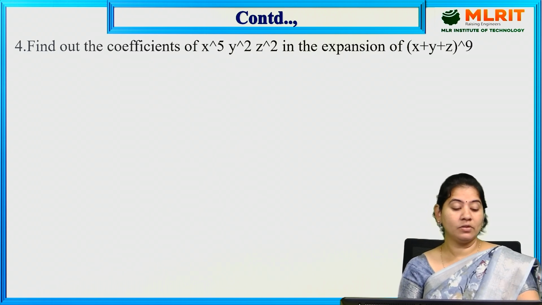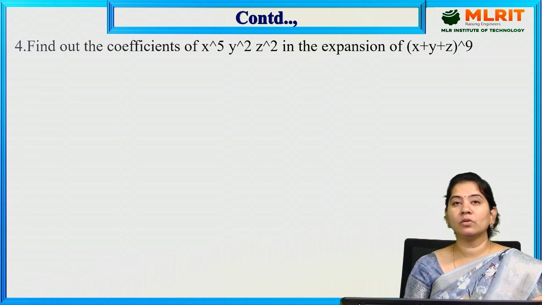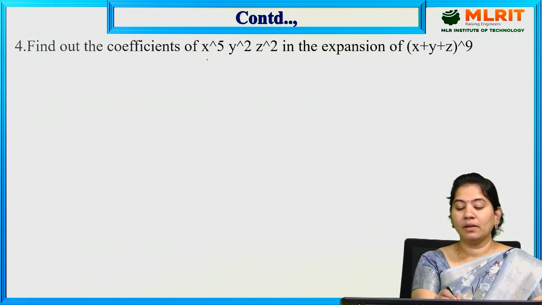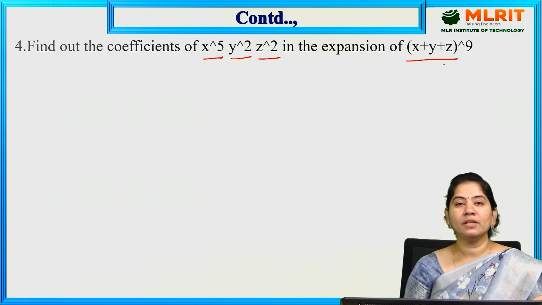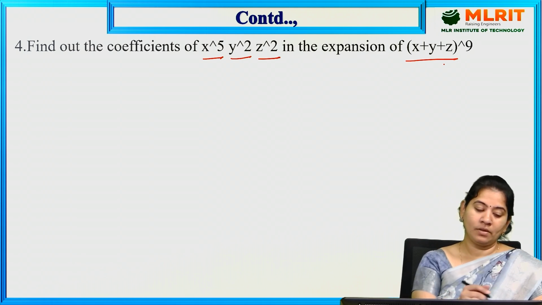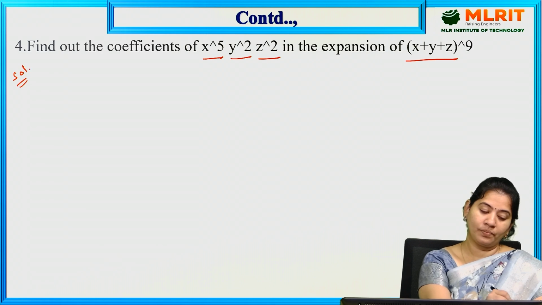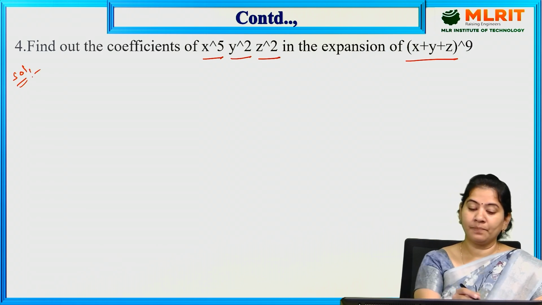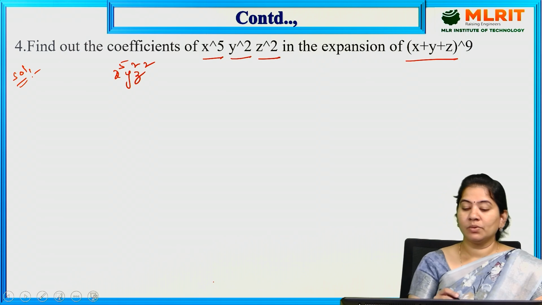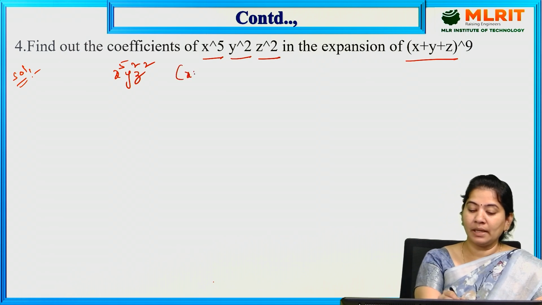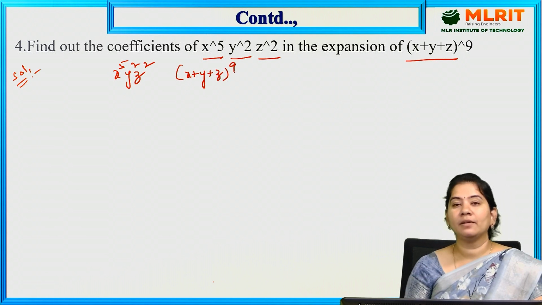So next we also have: find out the coefficient of x power 5 y square z square in the expansion of (x + y + z) whole power 9. So the given question is x power 5 y square z square in the expansion of (x + y + z) whole power 9.